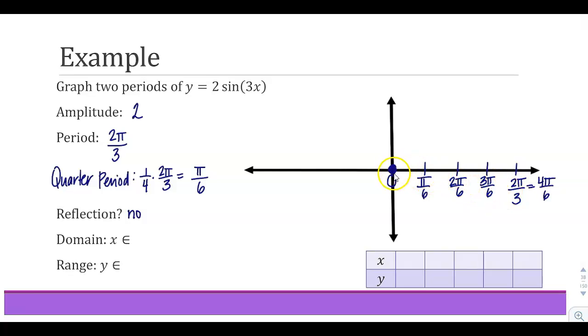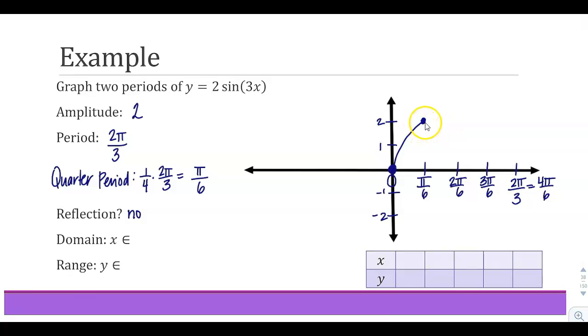So we know that our sine function starts at the origin, as we said, and at the next tick mark, our sine graph went up. And so it's going to go up to the height of the function, and the height of the function is the amplitude. It's going to go up to 2. So I have 1, 2 units, and I'll mark -1, -2. So at pi over 6, my function is going to go up to +2.